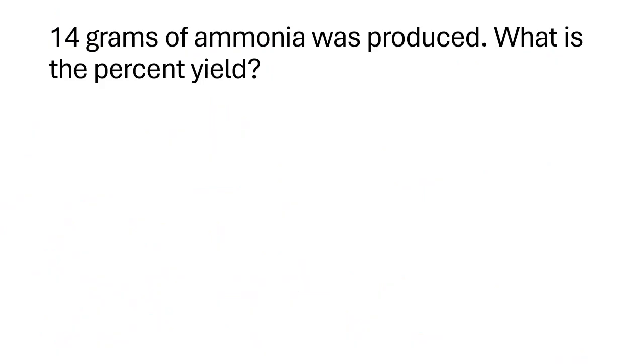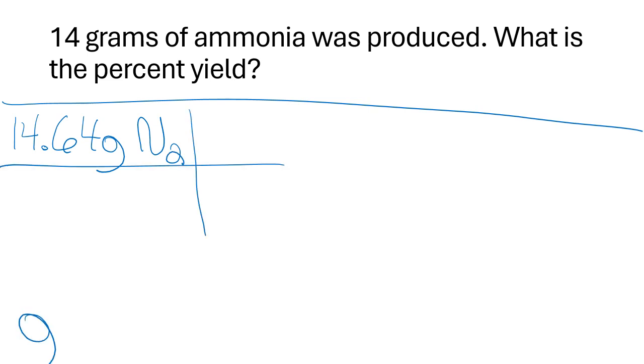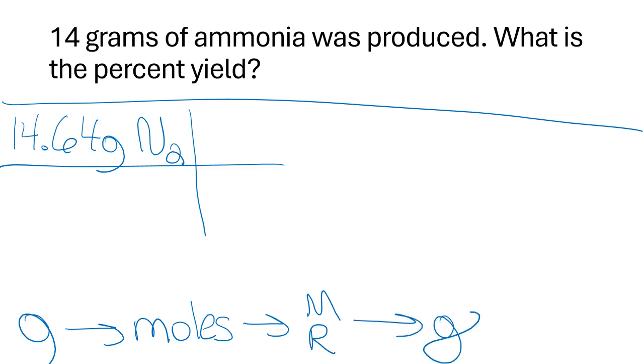So let's determine the percent yield. We know that nitrogen is the limiting reagent. And remember, grams to moles to mole ratio to grams. We want to find how much is being made.